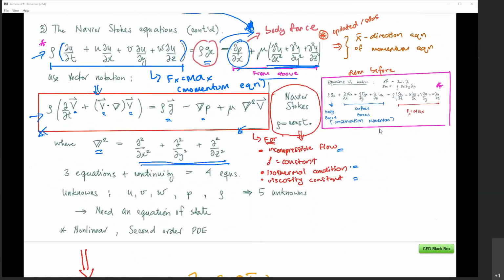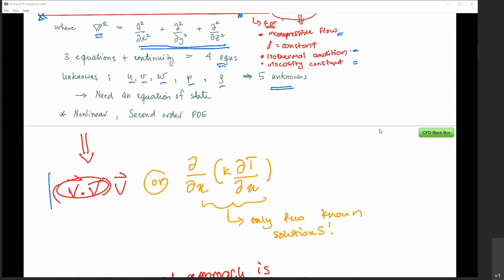So now we have 3 equations plus 1 continuity equation, which equals 4 equations. And for the unknowns, we now have u, v, w, p, and rho. So 5 unknowns, 4 equations and 5 unknowns. And now we need an equation of state.